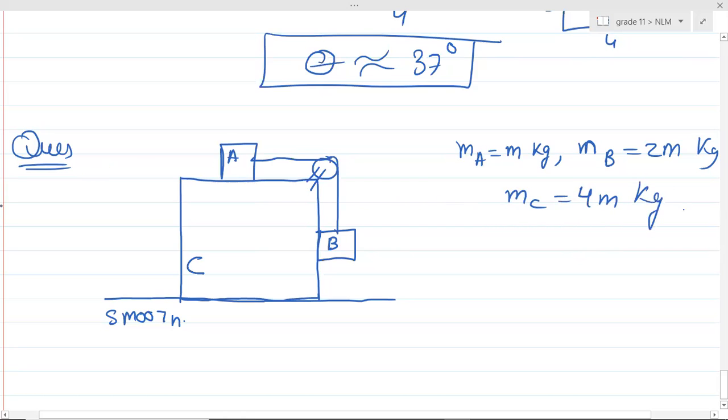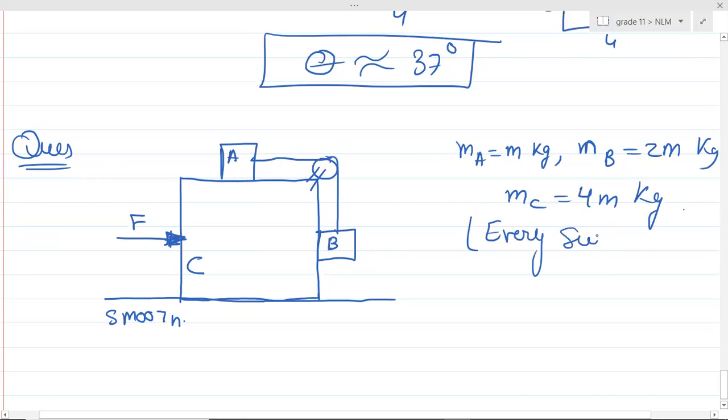Now the question is, if I apply a force capital F, tell me, guys, tell me this particular thing. If this is 2m and this is m, then what will happen? This block will go down, right? This B will try to slide down. Every surface is smooth.